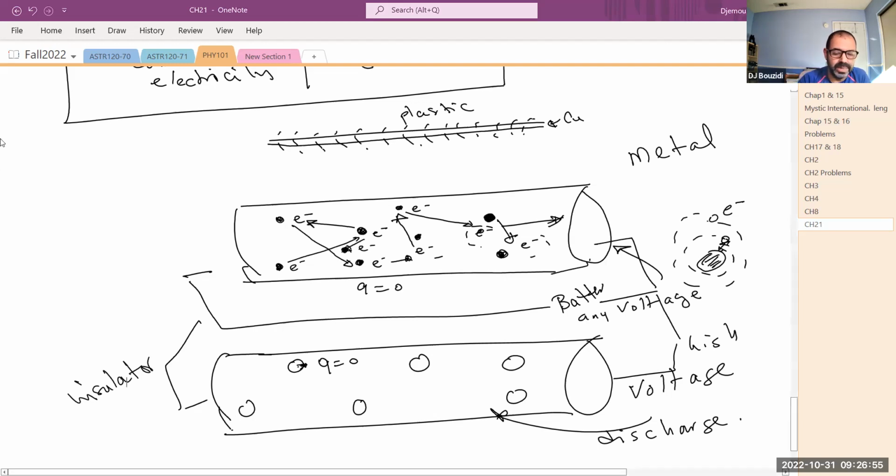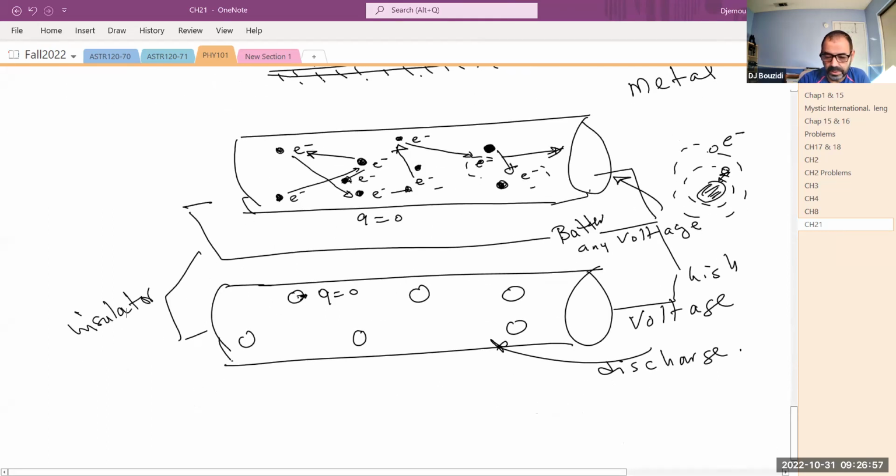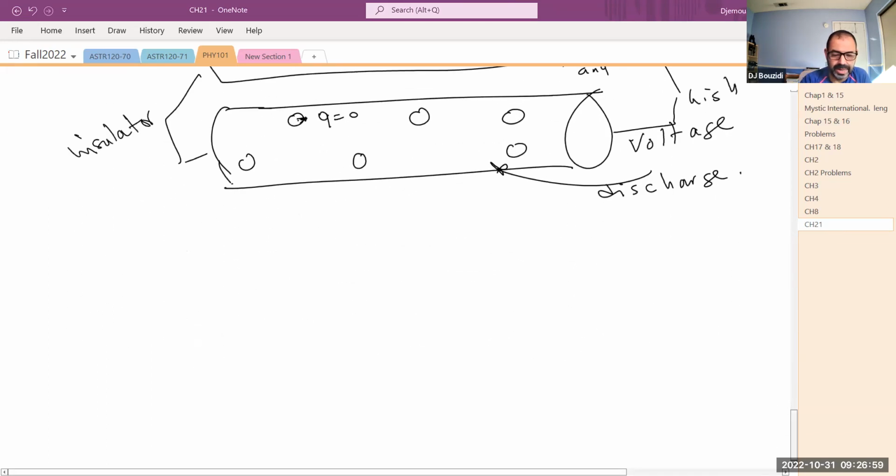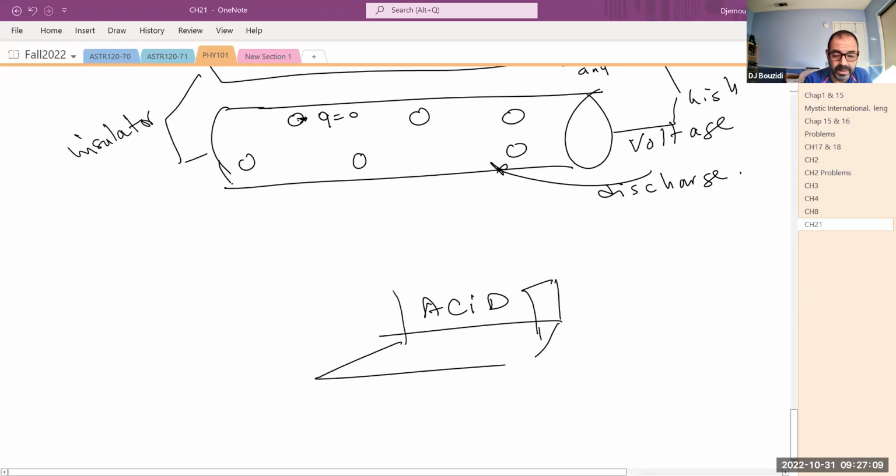What Mr. Volta actually discovered is this: if you take an acid, for example a lemon, and you put different metals on both ends, not the same metals, each one of them has a different affinity for its electrons than the other one.